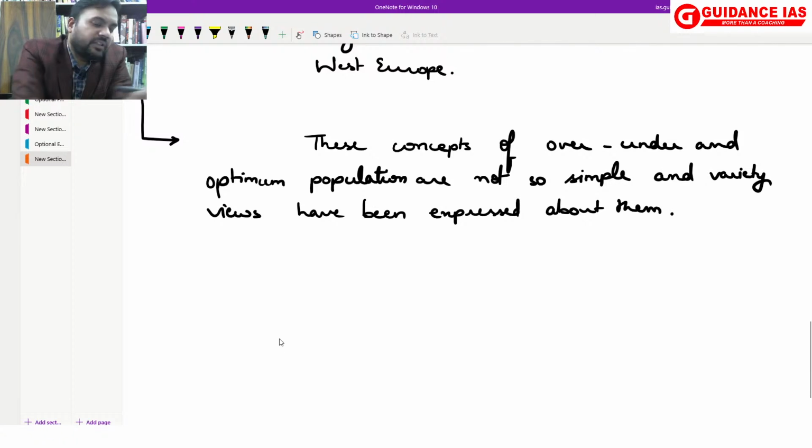I could have used the keyword which is used in the paper, and rather than writing simple, I could have said they are not so absolute, and variety of views have been expressed about them.